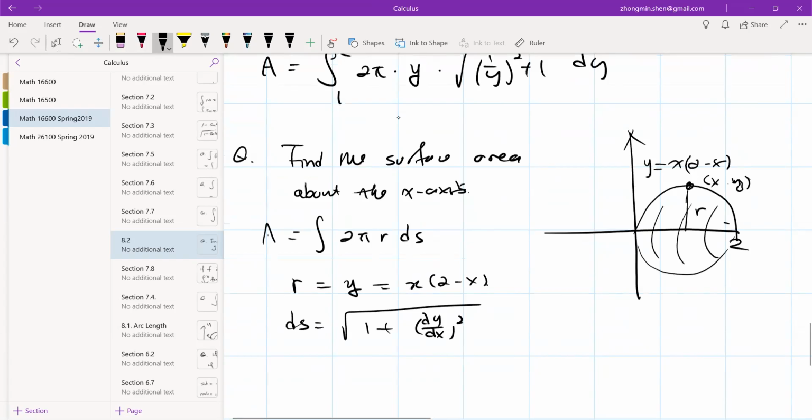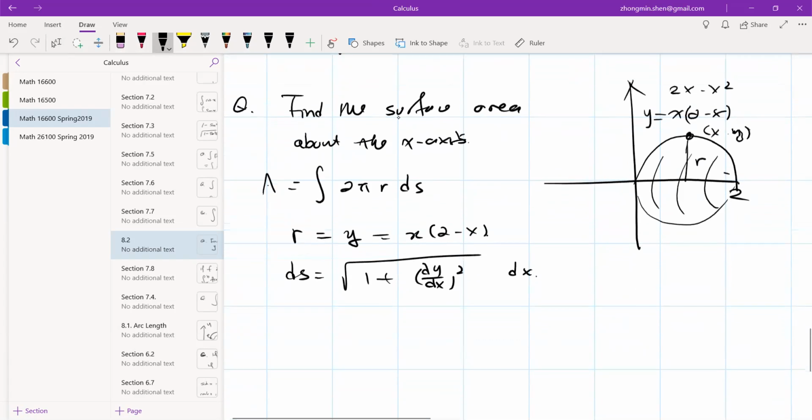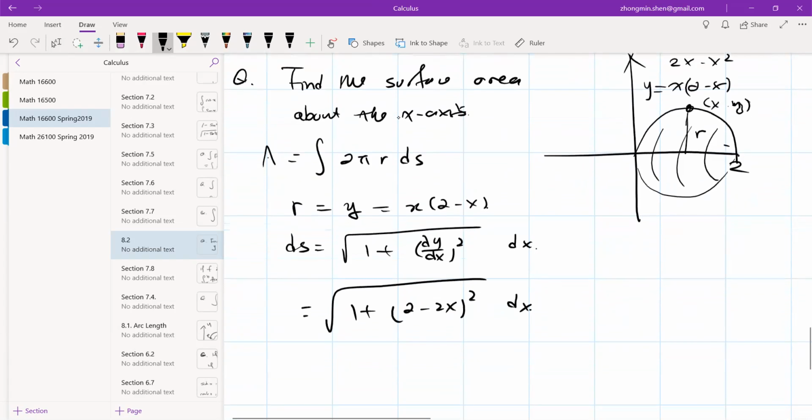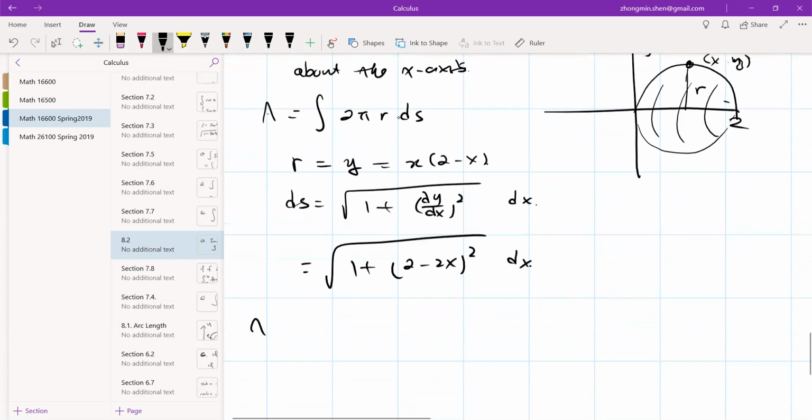When I differentiate 2x minus x squared, I get 2 minus 2x, and dx. Everything is now in x. Putting it into the formula, it's the integral, x from 0 to 2, 2 pi times x times 2 minus x, and ds is this.